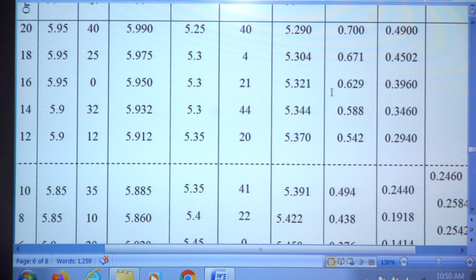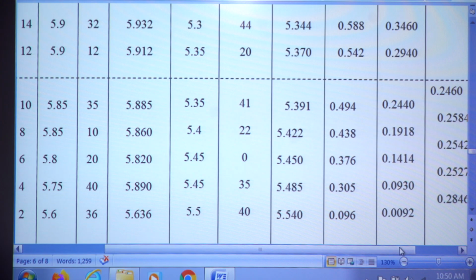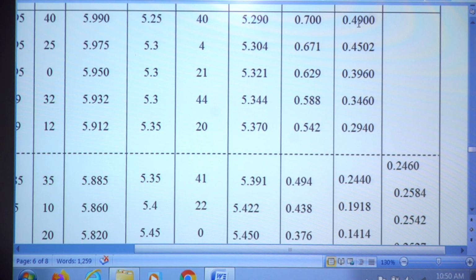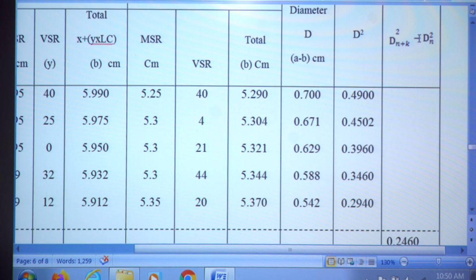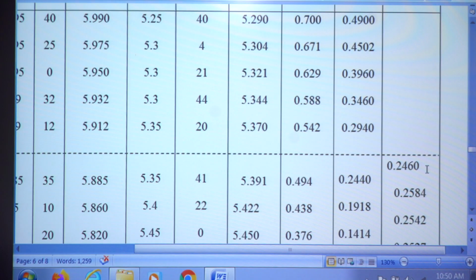From the diameter, d square is calculated, and then we take a difference of, say, 0.4900, that is the 20th ring, and the 10th ring, so that k is equal to 10. So that is the value of d(n+k) square minus d(n) square. The difference for the 20th ring diameter and the diameter of the 10th one is 0.2460, that is d(n+k) square minus d(n) square.